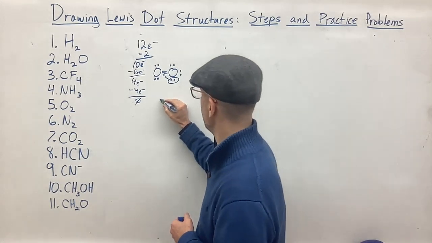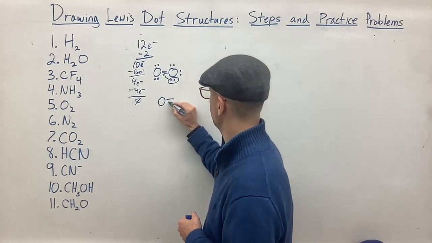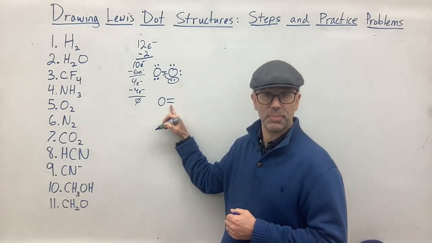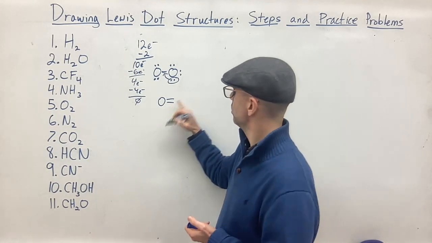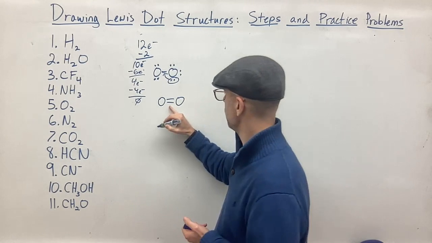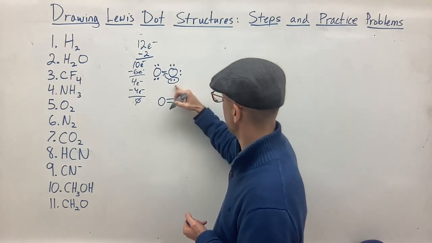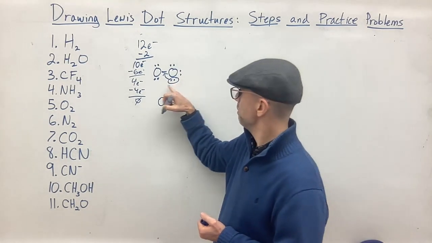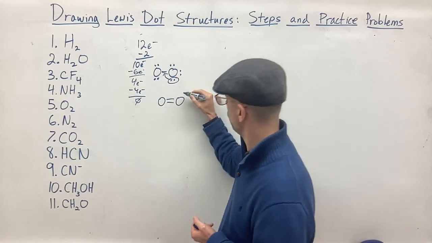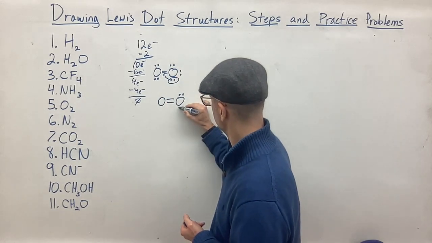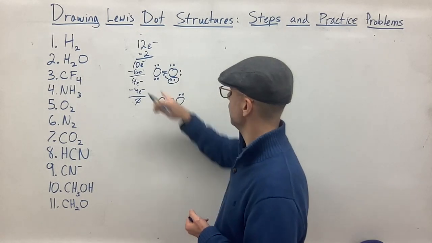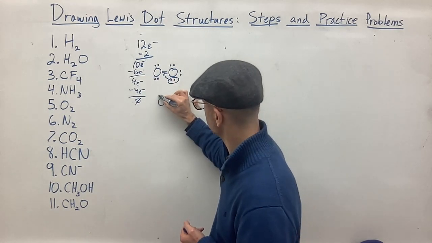The double bond is represented by 2 lines. Each line is a bond. Now that this lone pair became a bond, I have 2 lone pairs left. So I put 2 lone pairs on my oxygen. This one has 2 lone pairs.